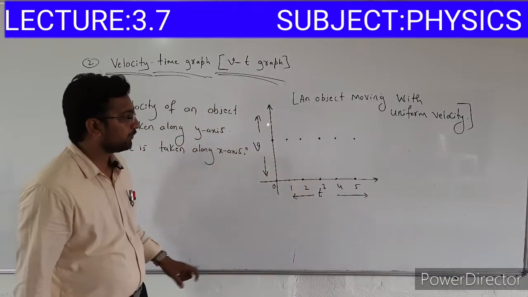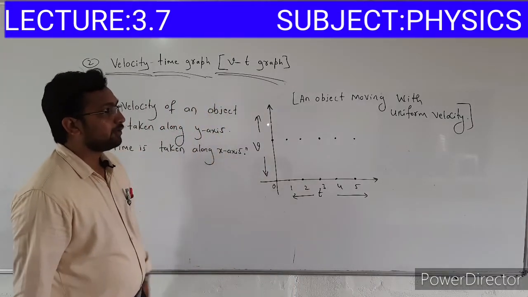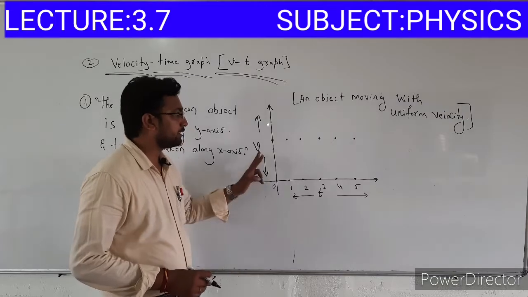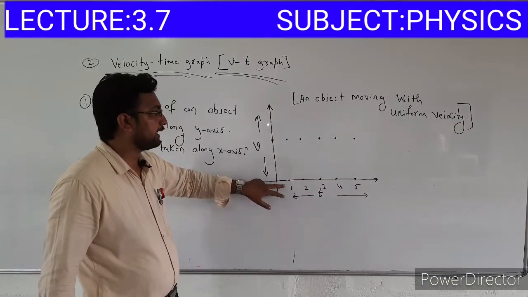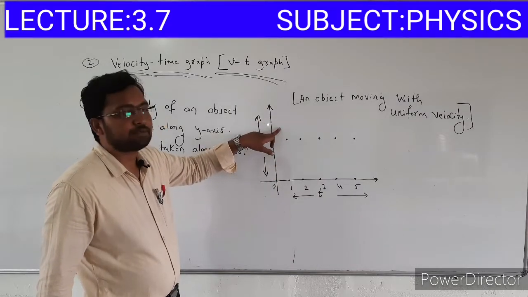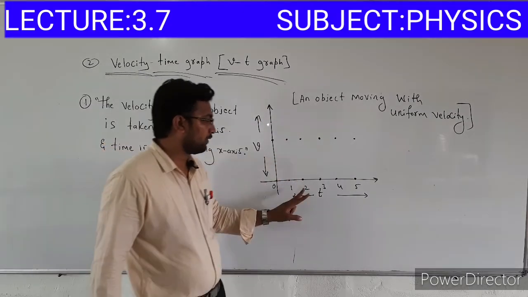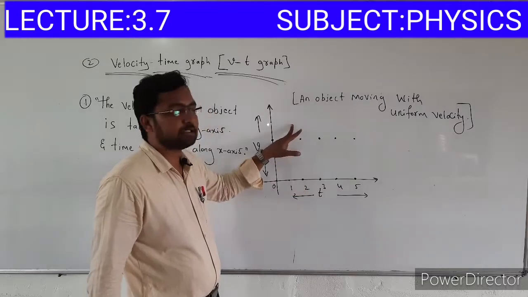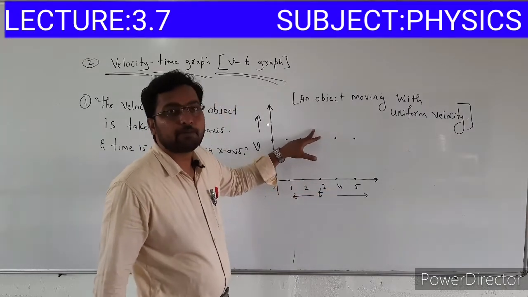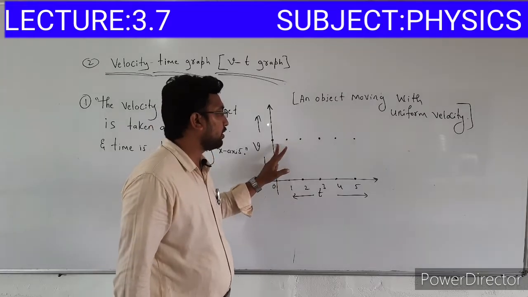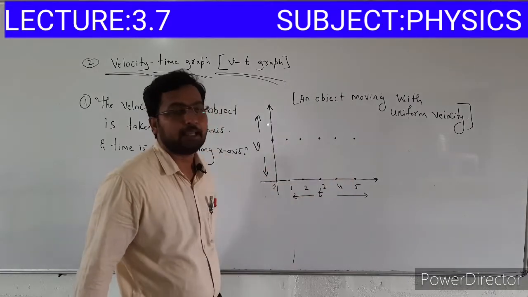So if an object is moving with uniform velocity, the velocity of the object at any point is the same. For example, for 1 second the velocity of the object is 50 meter per second, for 2 seconds the velocity is 50 meter per second, for 3 seconds the velocity is 50 meter per second. That means the velocity at any point is the same, right?